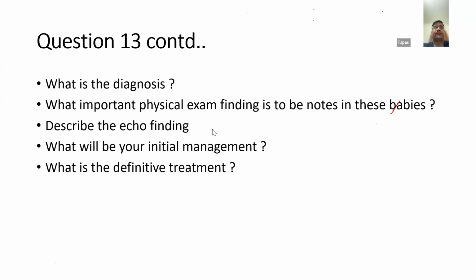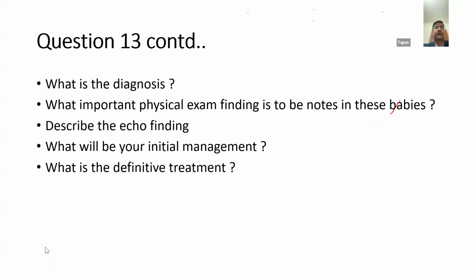So what is the diagnosis? Okay. So what important physical exam finding is to be noted in these babies? Important physical examination finding. Okay. And what is the echo finding? What is the echo finding it is showing?